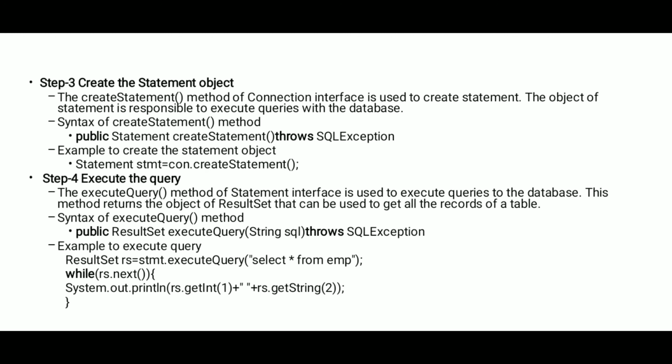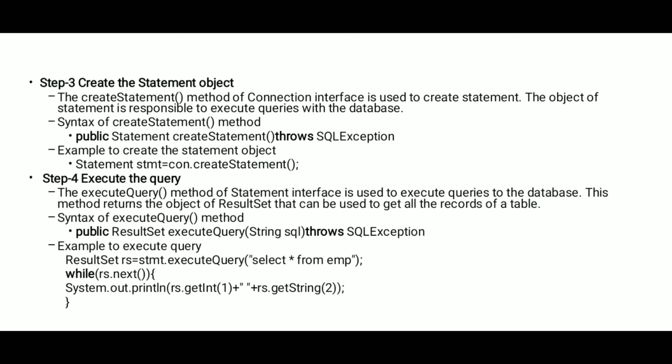The statement object is responsible for executing queries with the database. The syntax is public Statement createStatement, and it throws SQLException. This is the example where we create a normal statement: we create a statement object, and using the connection object we call the createStatement method.